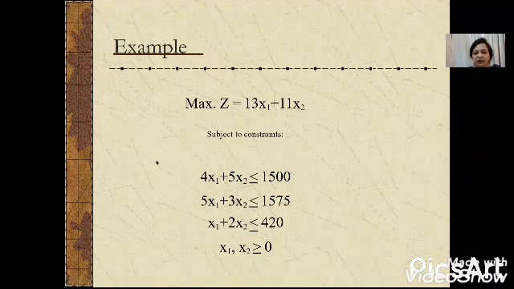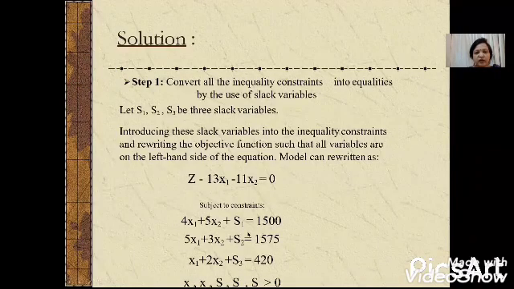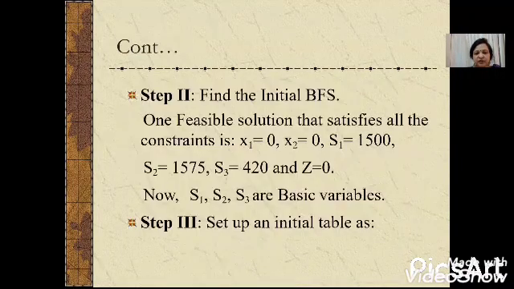We can see here that all constraints are of less than or equal to form. So we introduce slack variables to convert all the inequality constraints into equalities. Now let S1, S2, S3 be the slack variables. On introducing these three slack variables, the given model can be rewritten as this one.